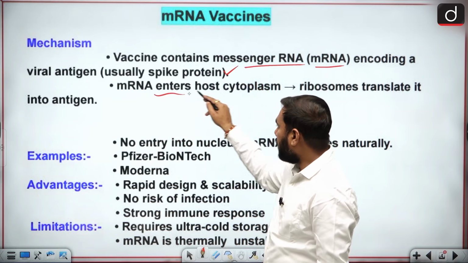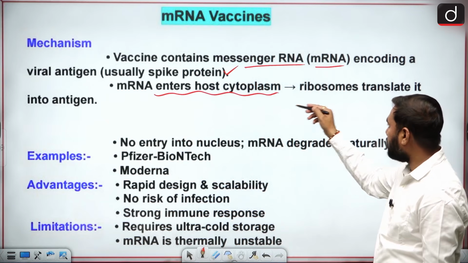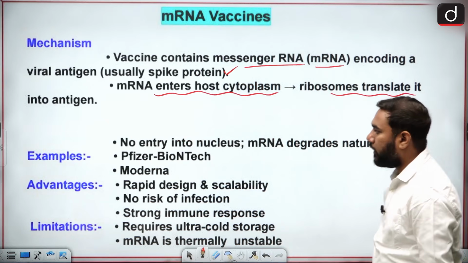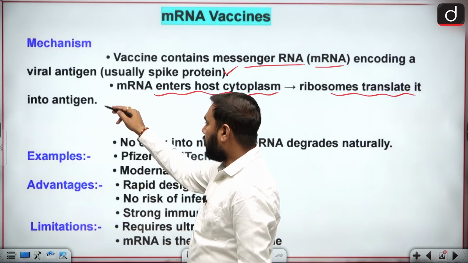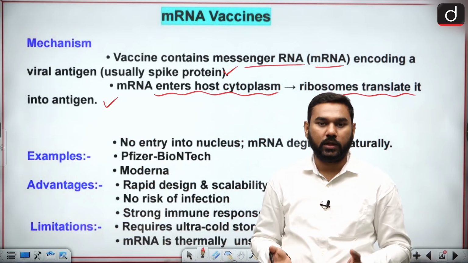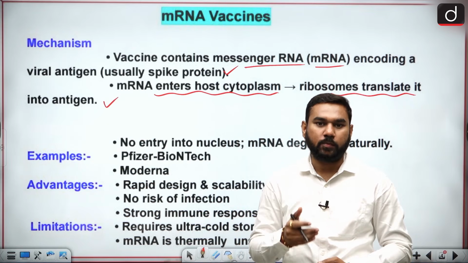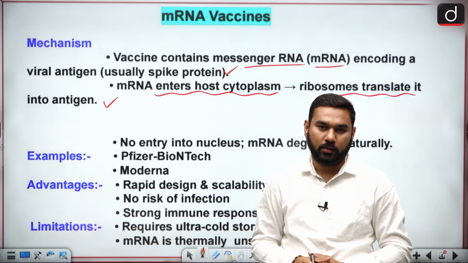After that, the mRNA enters the host cytoplasm. So it enters the cytoplasm, and the ribosome translates it into the antigen. When a virus captures our body cell, the whole mechanism of protein synthesis is captured by the virus. And due to that, spike protein formation is done by the ribosome.